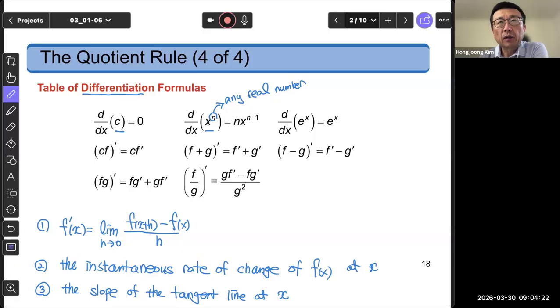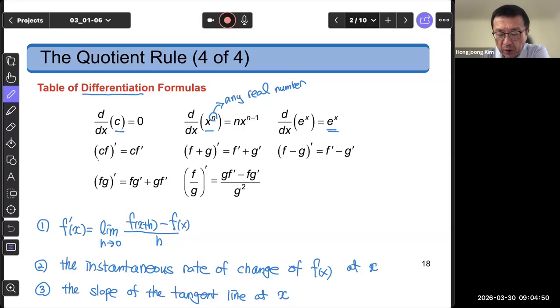So given any real value n, when x to the n is differentiated, the derivative will be n times x to the n minus 1. And e to the x is very special, as we will see in a moment: its derivative is the function value itself.